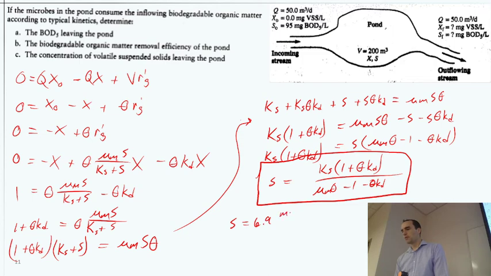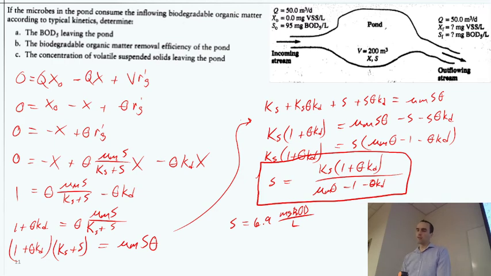So now if we put those numbers in and solve for S, the solution should be 6.9 milligrams BOD per liter, according to the book's solution here. And that's using the default value. So KD was 0.06 per day. Got to make sure everything's in days. Need to solve for theta, but we have V and Q, so that's not too big a deal.